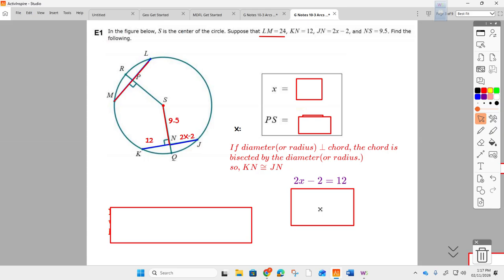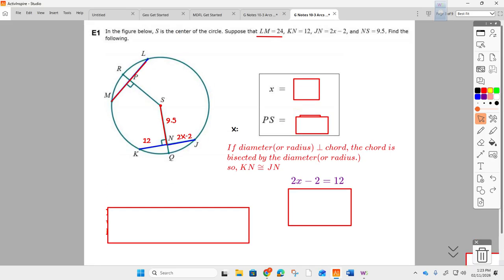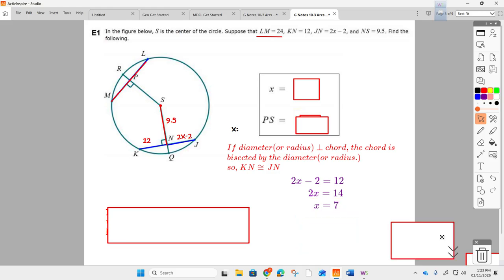And then we just solve for x. I'm going to add 2 to both sides, so 2x equals 14. Going to divide both sides by 2 to get x by itself. So now we know that x is 7.